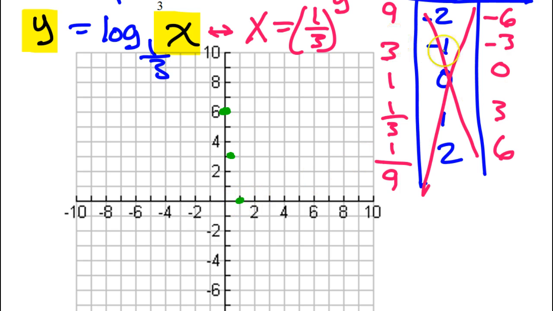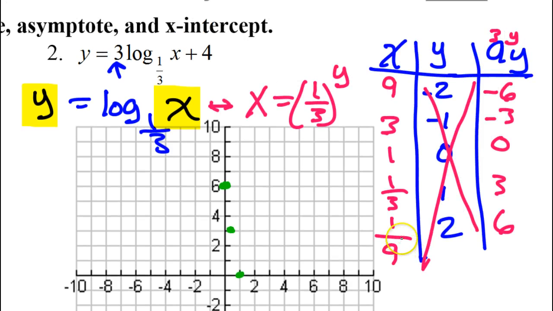And then 3, -3 would be right here. And then 9, -6 would be right here. Okay? So I have all 5 of those points.